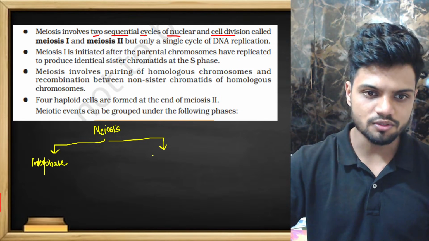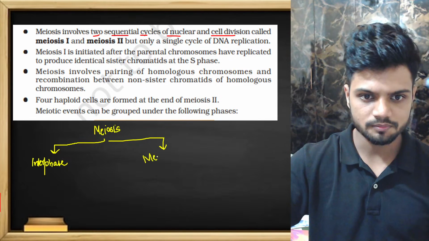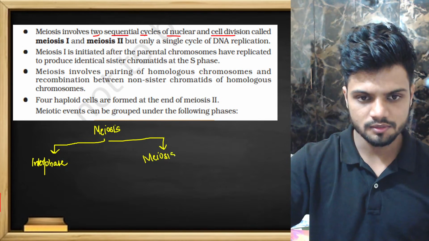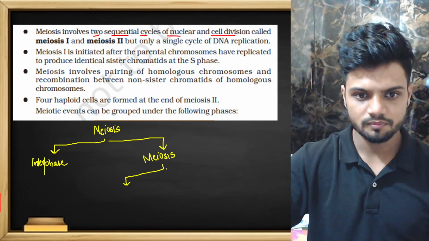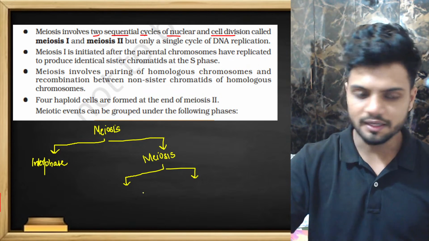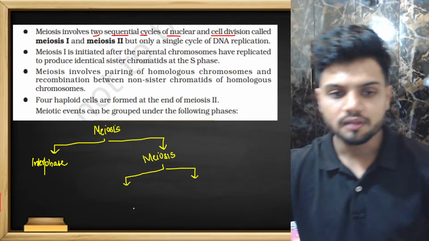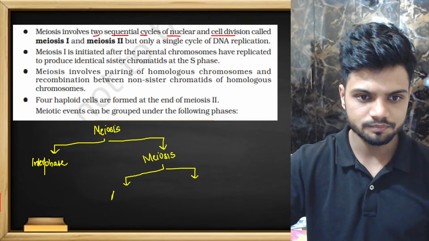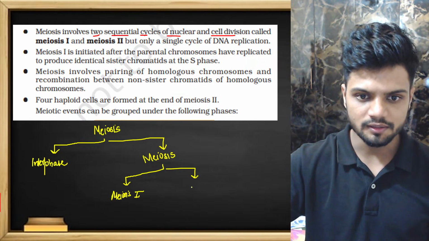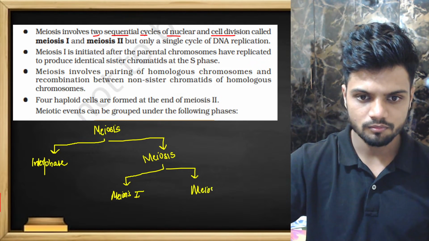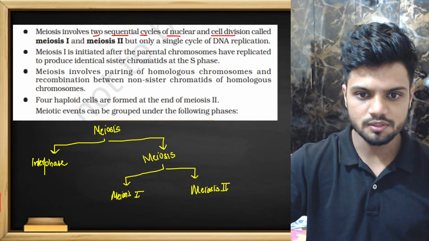And the second one is called meiosis. This meiosis again is further divided into two categories, that is basically meiosis 1 and meiosis 2.